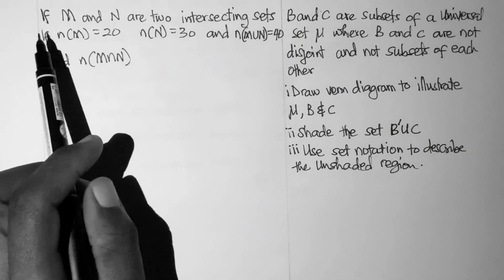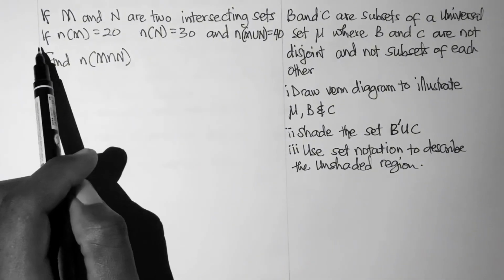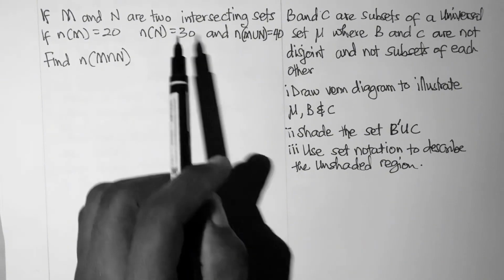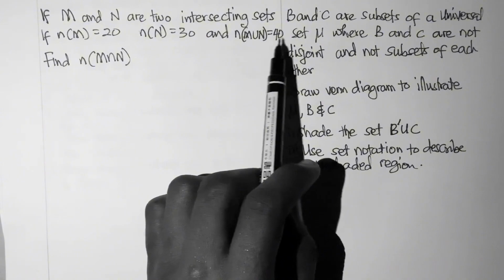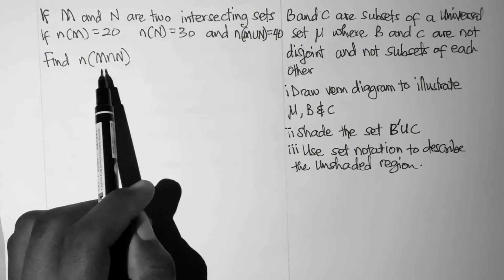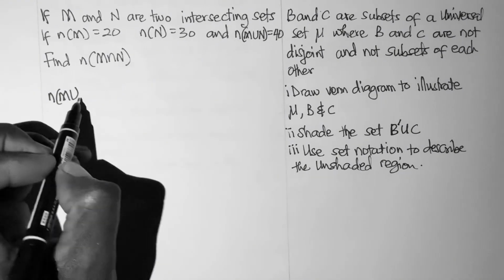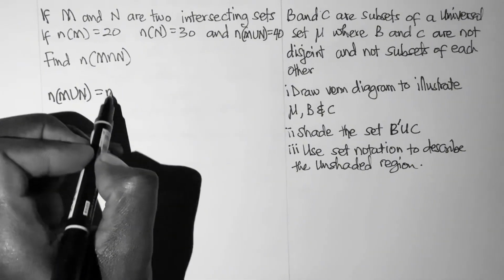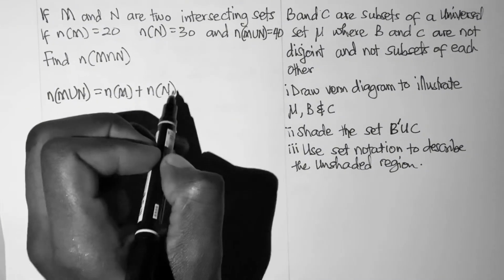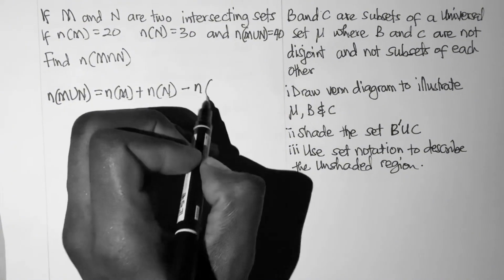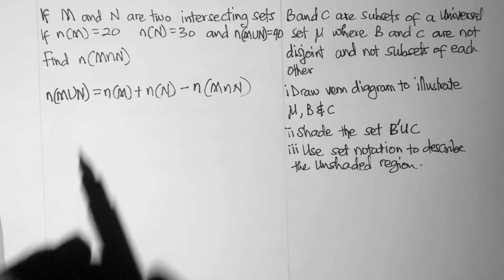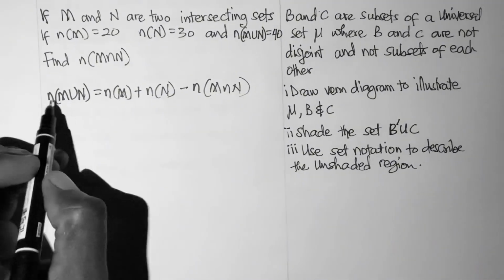Now we have another question. If M and N are two intersecting sets, number of M being 20, number of N being 30, and number of M union N is equal to 40, we are supposed to find number of M intersection N. The number of M union N is equal to the number of M plus the number of N, minus the number of M intersection N. So we are looking for number of M intersection N, so we can make that the subject.